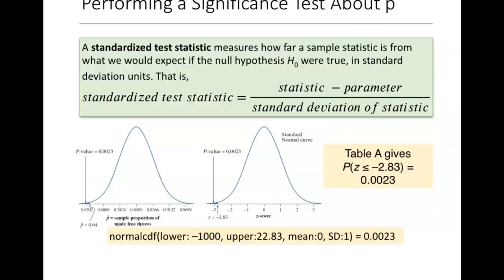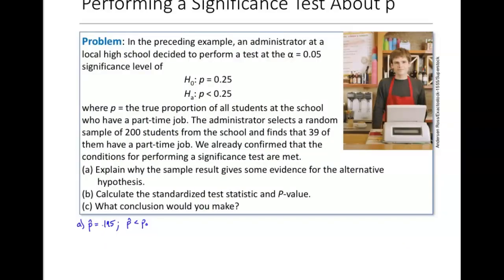All right, so calculate the standardized test statistic. So a standardized test statistic is really just a z-score. So it's the statistic minus parameter divided by standard deviation of the statistic. So for part B, my standardized test statistic will be p hat minus p naught divided by the standard deviation, which is going to be the square root of p naught times 1 minus p naught divided by n.